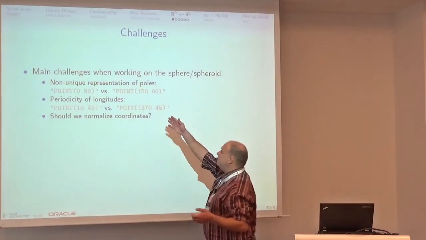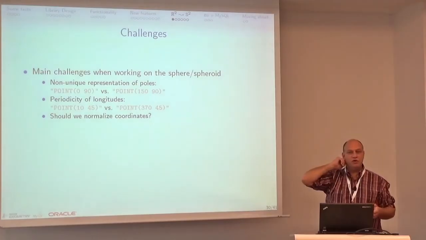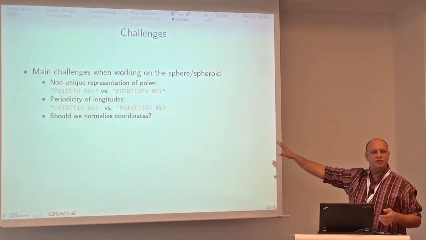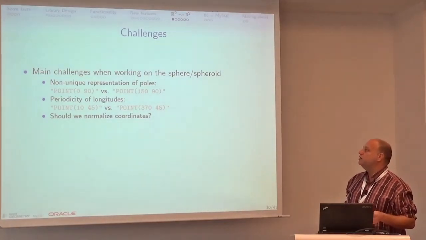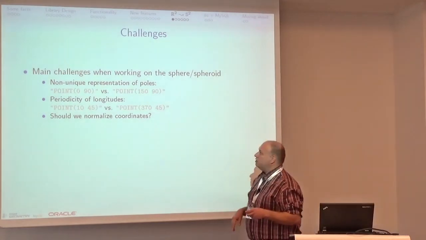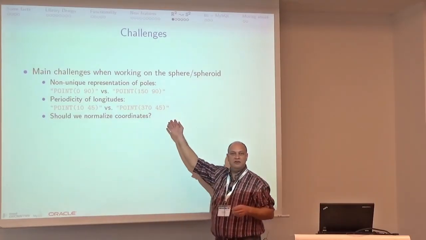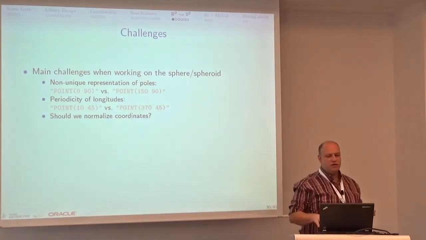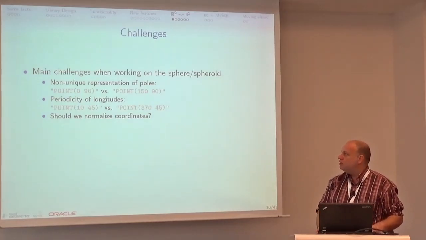So 0, 90 and 150, 90 are basically the same point, which is the North Pole. Whatever you see here in terms of coordinates are in degrees, so that it's easier for you to understand what I'm talking about. And then there's also the periodicity of longitude. So this point here and this point here are exactly the same, but the values are different. So we really need to do something about that. And the basic question is, should we normalize coordinates, and when?